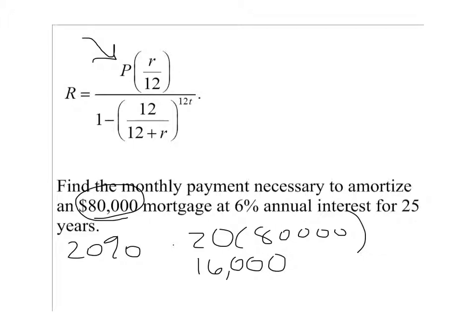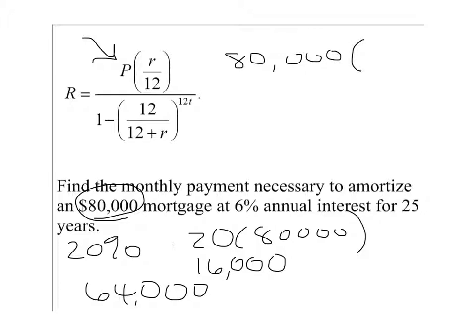So you would subtract the $16,000 from the $80,000, and instead of putting $80,000 in there, in that case you would put $64,000 in there. So you need to make sure that you're taking any down payment that you might have into account. In this particular problem, you do not have a down payment, so for P you'll have $80,000.